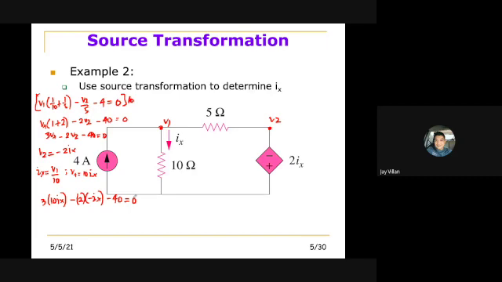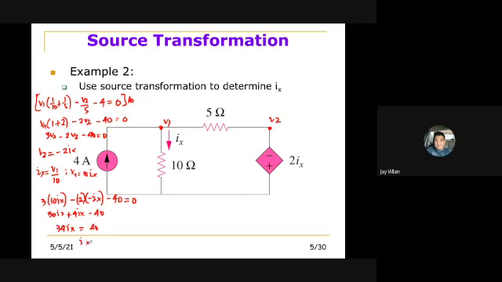So this is 30Ix, minus, this is 2Ix, so minus times minus is plus, so plus 4Ix minus 40. So this is 34Ix equal to 40.